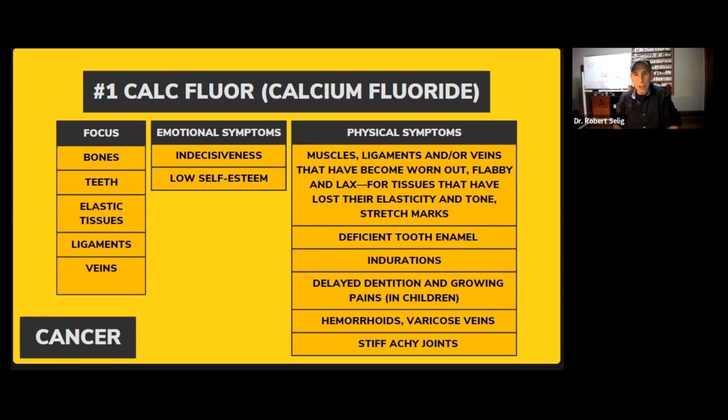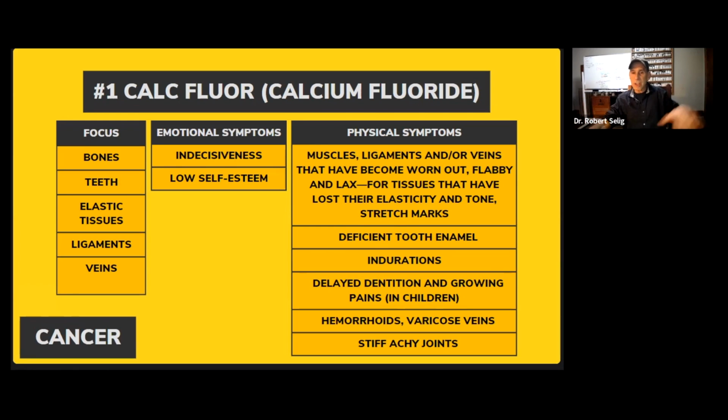So we'll see a lot of dental fluorosis, but we'll also see excess bone deformity. And again, that calcification may be in the pineal gland, may be in the bones, may be in the joints, may be somewhere in the body.